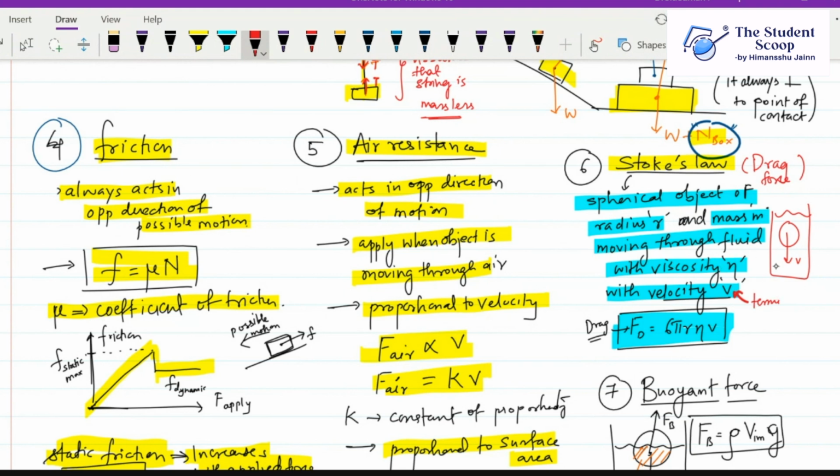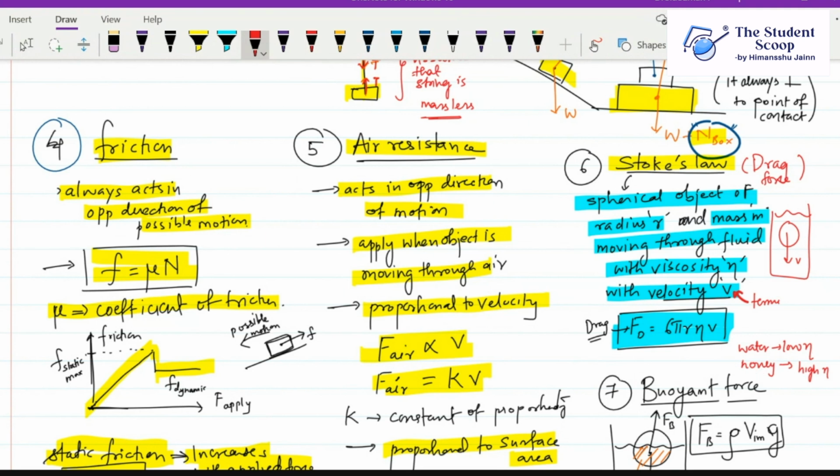Now, what does viscosity mean? Viscosity tells us how thick the fluid is, or how easily the fluid flows over a surface. Water has very low viscosity, and something like honey, if you make it slide down a slope, has very high viscosity. So it is just a coefficient of viscosity.